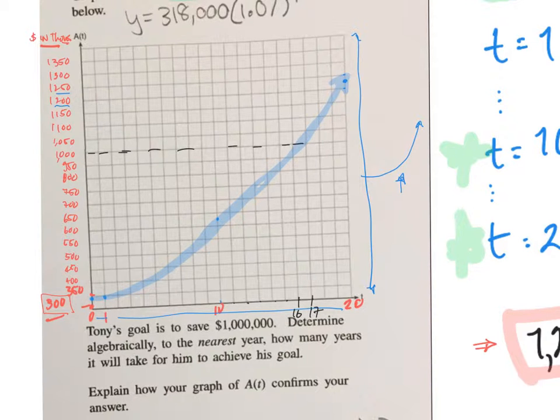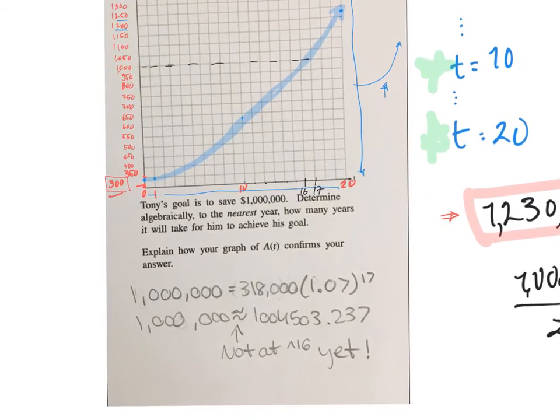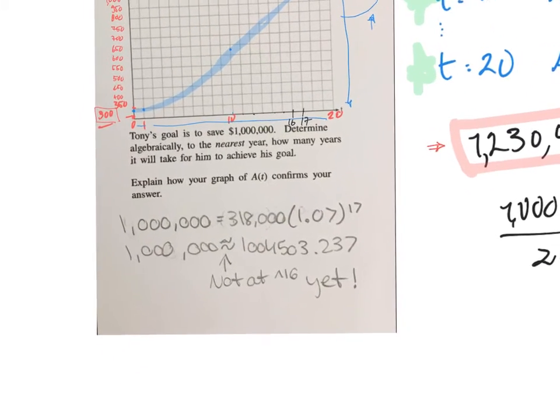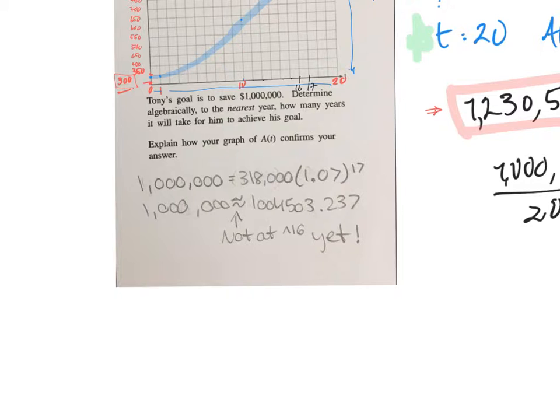And we can check those. This says determine algebraically, so you set this up pretty correctly. You say we want to have $1 million as our A of t. And that means we have 318, the principal, times 1.07 to some power t.